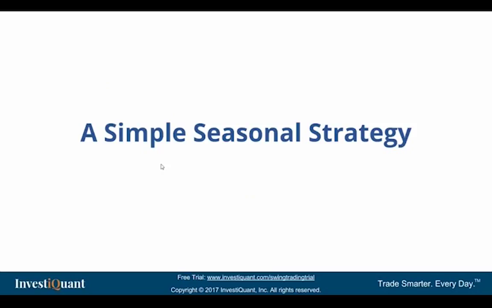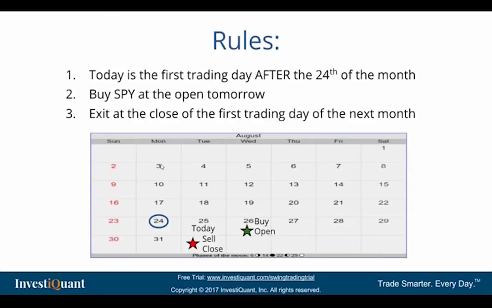Now let's look at a simple seasonal strategy. This seasonal strategy looks to take advantage of the tendency for the market to rise around the turn of a month. Okay, so we're going to look to buy, again, I'm using SPY here. We're going to buy SPY if today is the first trading day after the 24th of the month.